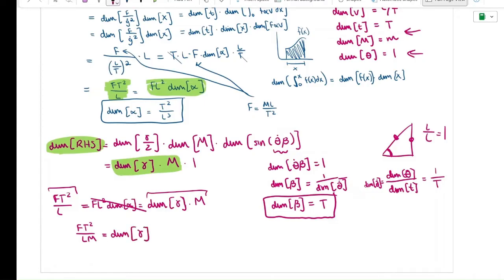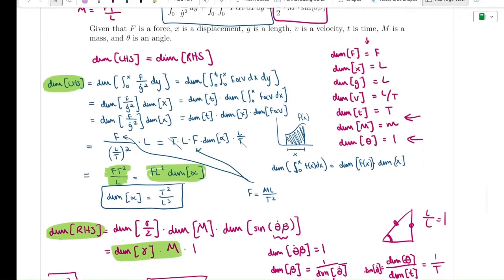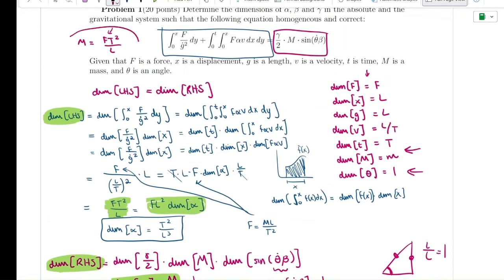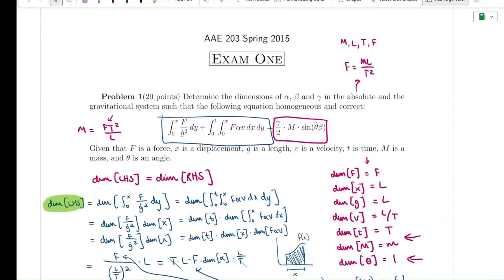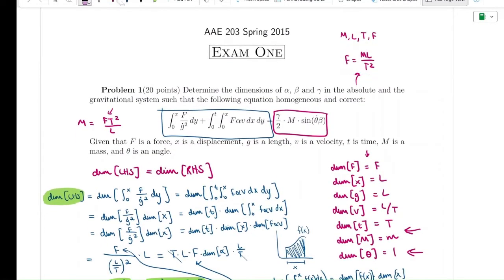Okay, so let's evaluate this in the gravitational system. In the gravitational system, we write our mass in terms of force t squared over L. So m equals ft squared over L, so ft squared over L times L over ft squared just gives us 1. And then we can similarly do this in the absolute system. In that case, we write force in terms of mass, length, and time.